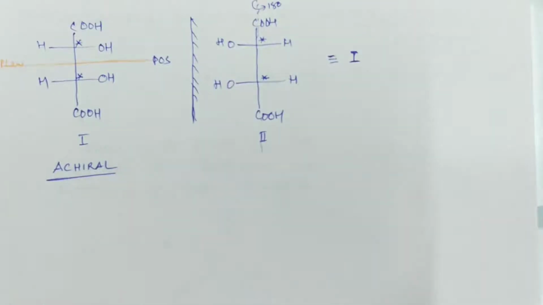Achiral means the molecule will not rotate the plane of plane polarized light.